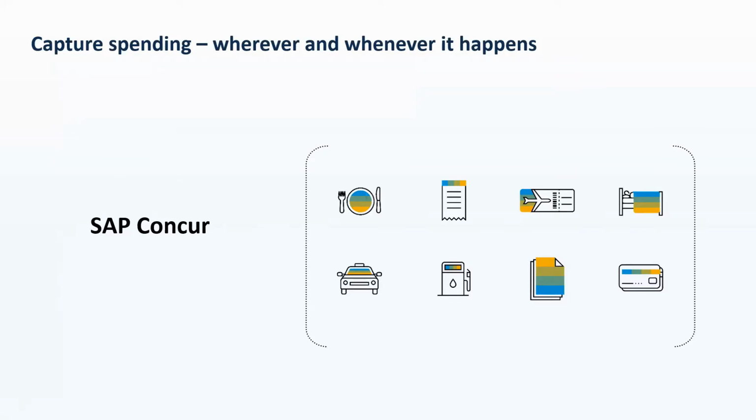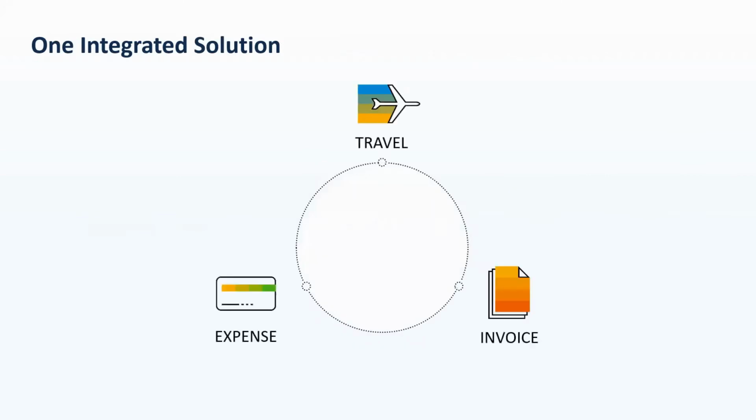So SAP Concur is an employee spend management platform that allows organizations to capture the spend whenever and wherever it happens. And what we mean by that is that your spend could be happening when your employees are traveling.